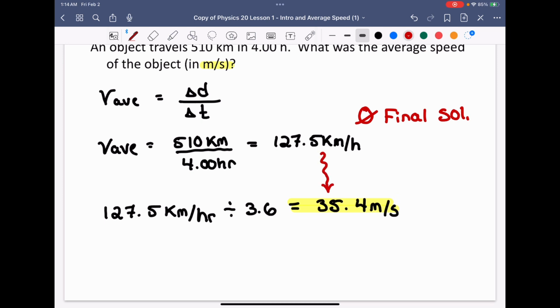But if you can do that quick rule of divide by 3.6, multiply by 3.6 when appropriate, it's going to save you a lot of time, and you'll put the majority of your effort into the physics notation that is critical, like putting the formulas together and making sure all your units are there. That's the really important stuff for us. These minor conversions, if you want to do full unit analysis, great. But if you don't, and you're making sure all the other physics concepts and key critical information are there, perfect, excellent.